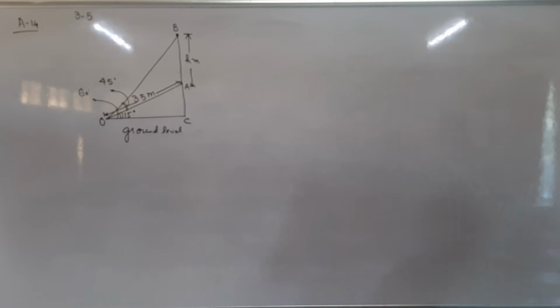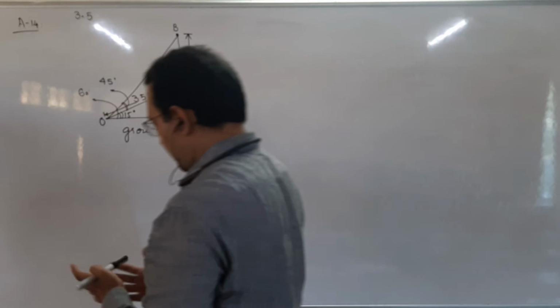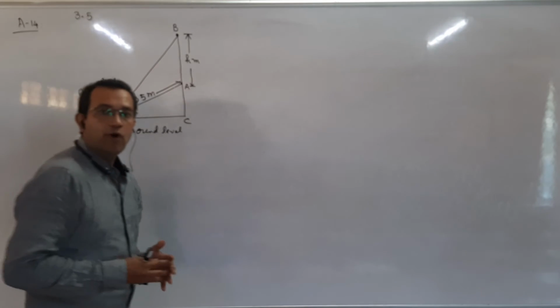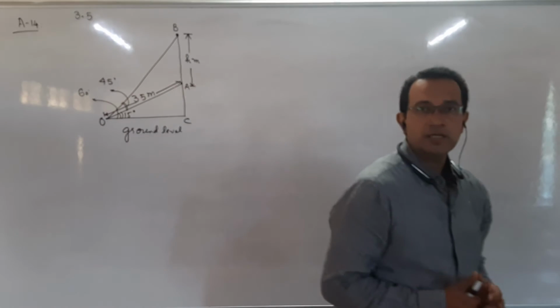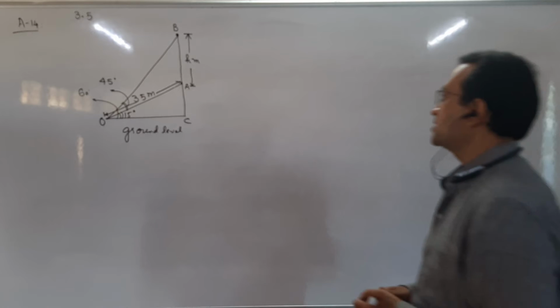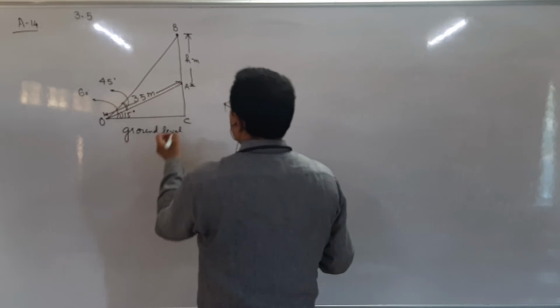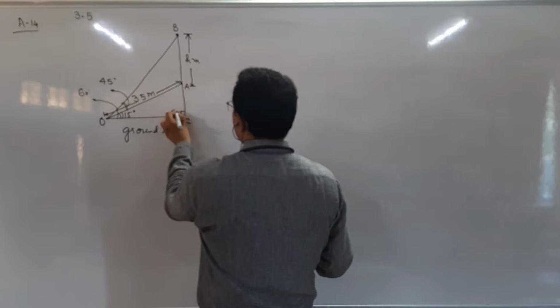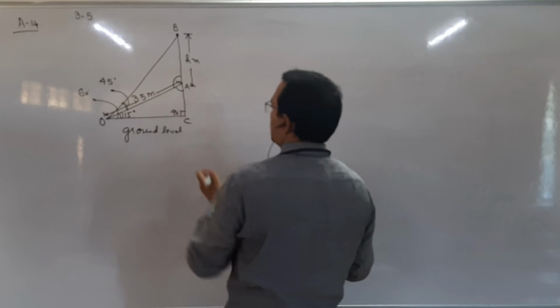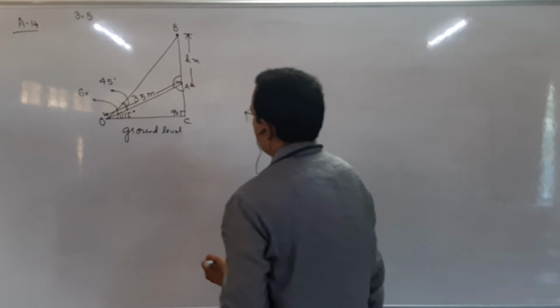Then we have to find the height of the tree. So indirectly h is required, and to find h, what are our basic steps? If I describe the figure first, this angle is 90 degrees, correspondingly this angle also we will find.